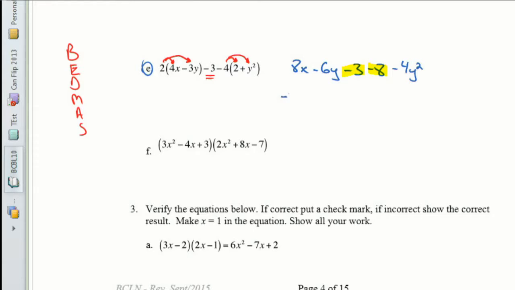So I'm going to put my y squared out front. -4y squared, -6y, plus 8x, and then 3 and 8, both negative, give me 11. I don't know that I've ever done a question like that before with this stuff happening in the middle with the -3 and the -4. So it's a bit of a strange one.